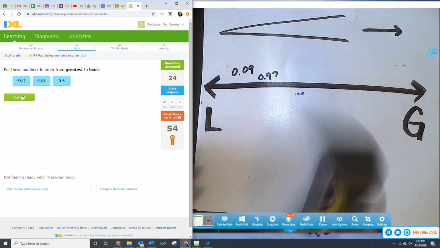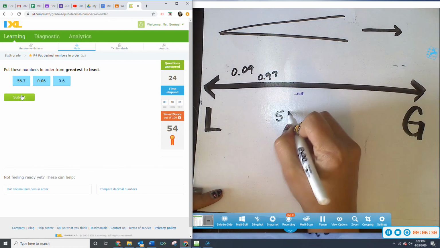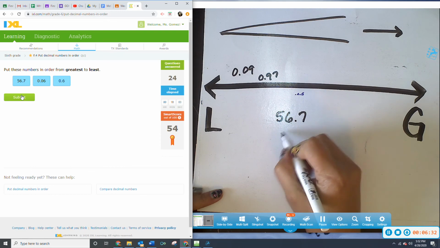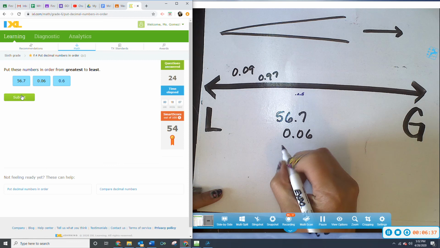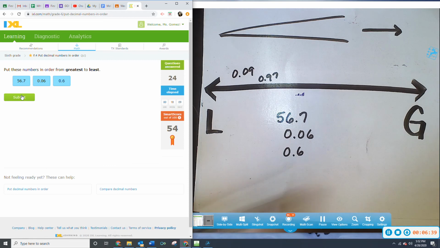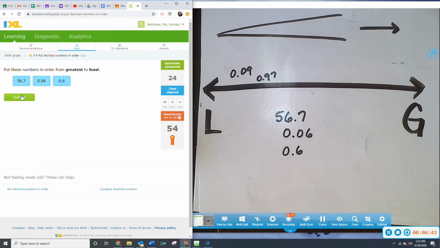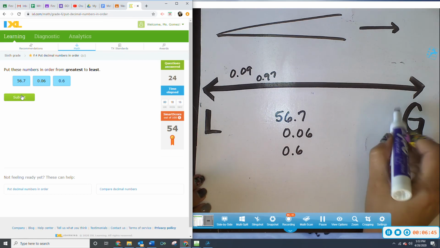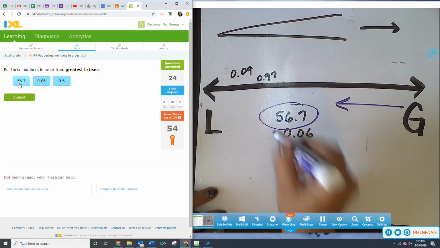All right, moving forward. Again, I have 56.7, 0.06, and 0.6. Now, this time it wants greatest to least. So the largest number would be 56.7, which is in the right spot. So I don't care about that one anymore.